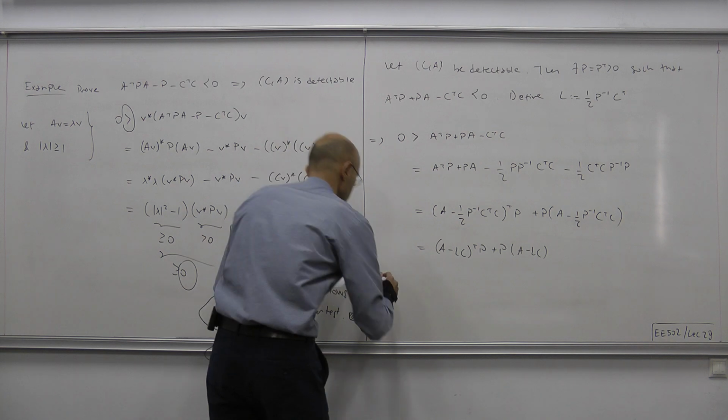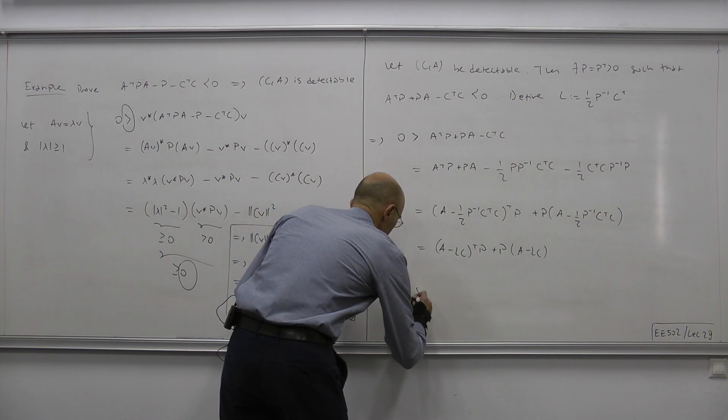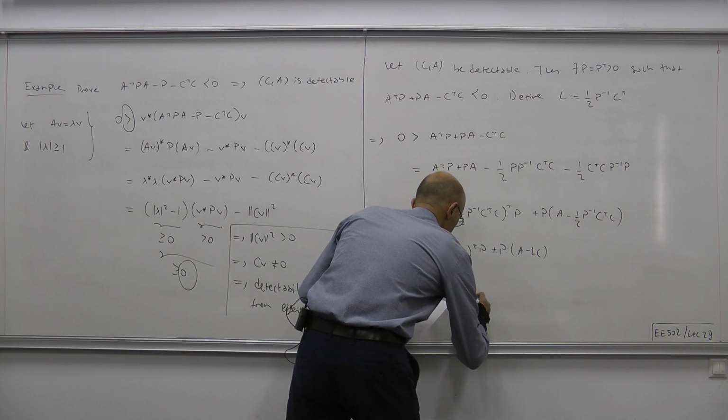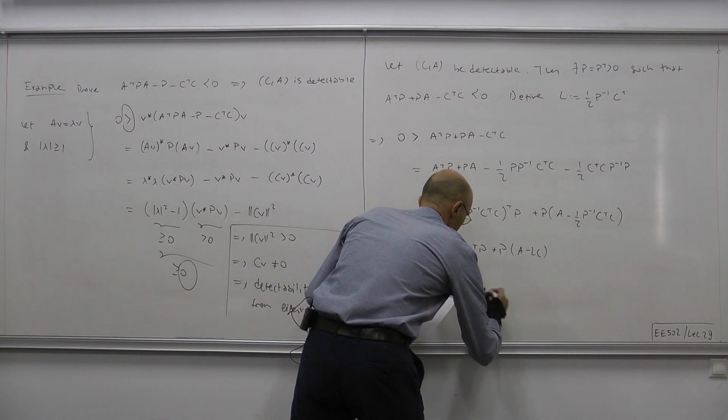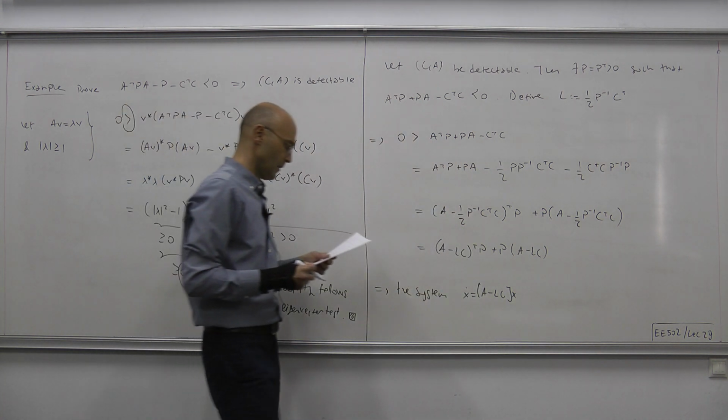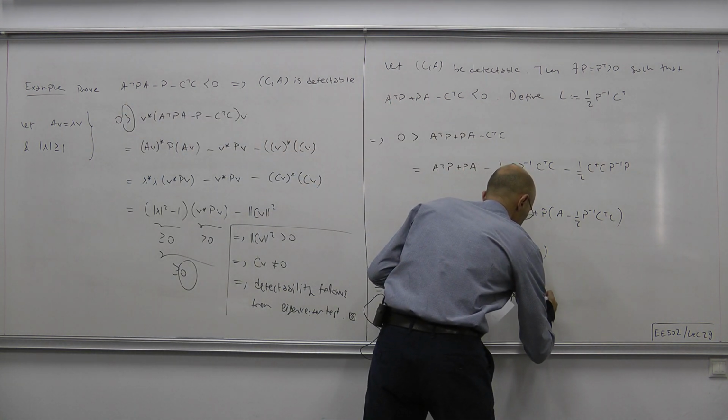Therefore the system x dot equals A minus LC times x is exponentially stable.